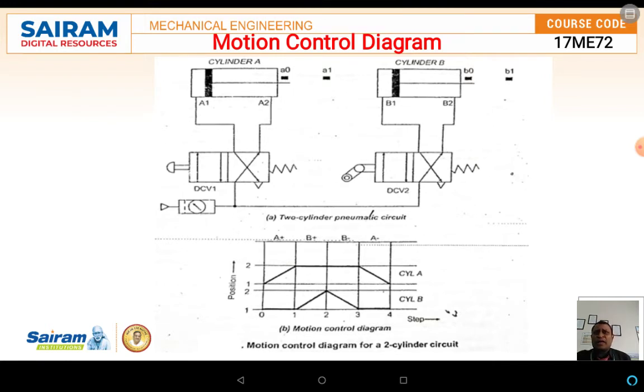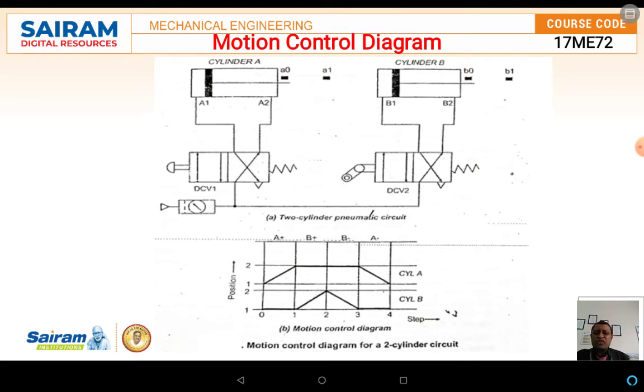motion control diagram. The limit switches are operated once the extension takes place at that point of cylinder A. When the small letter A1 is touched, automatically it switches off. Then B1 starts working. Once B1 starts working and touches the B1 limit switch, then this cylinder will be cut off.